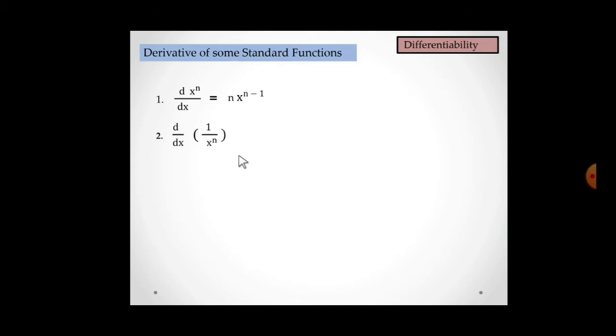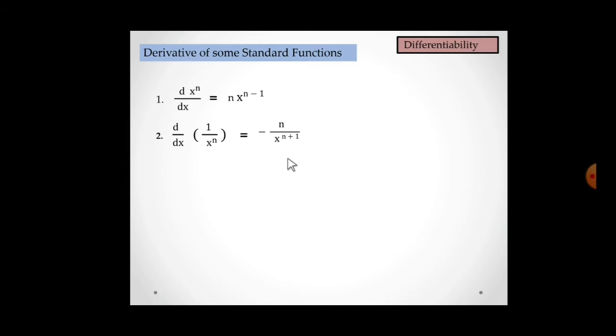The second one is d by dx of 1 upon x raised to n. There is a difference between x raised to n and 1 upon x raised to n. The derivative of this function is minus n divided by x raised to n plus 1.